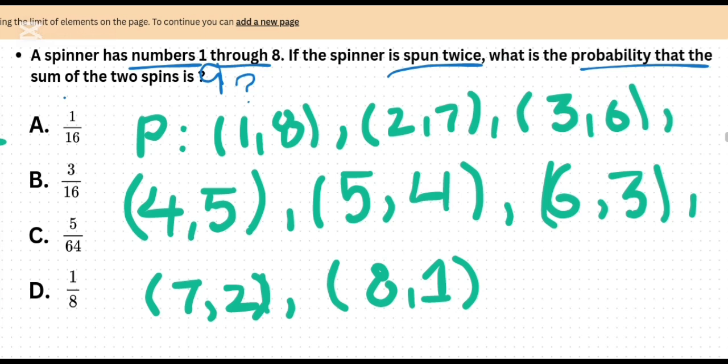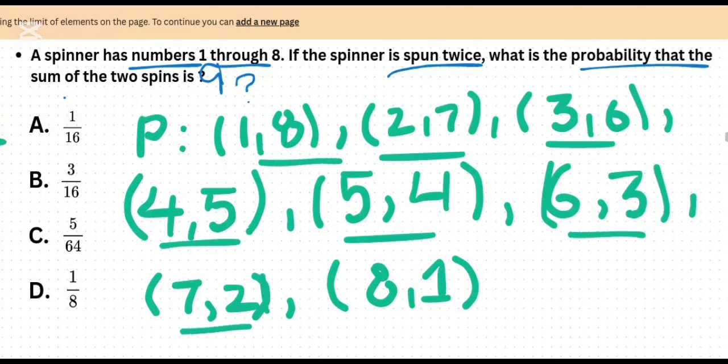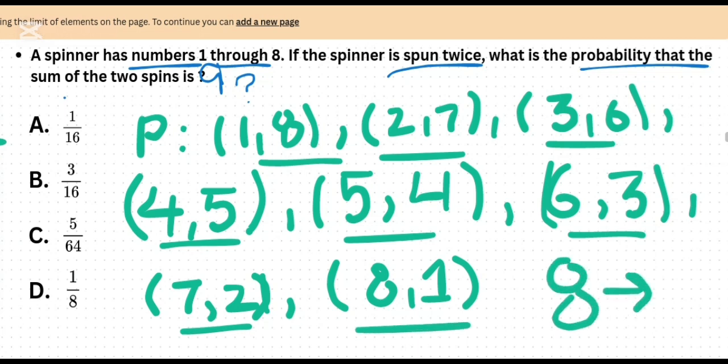So if you see, the possible pairs are 8. So the possible pairs are 8, which is the favorable outcome. If you see in the question, they are asking what are the chances that the sum of two spins is 9. So this is the favorable outcome.